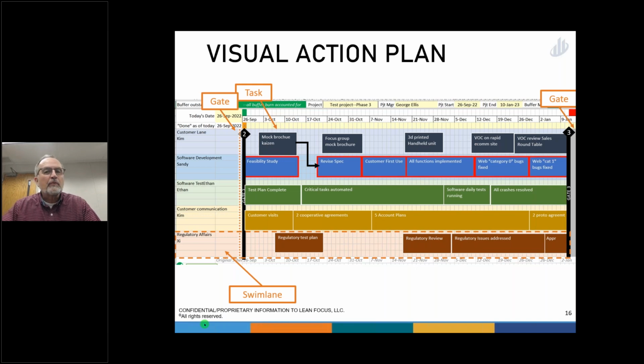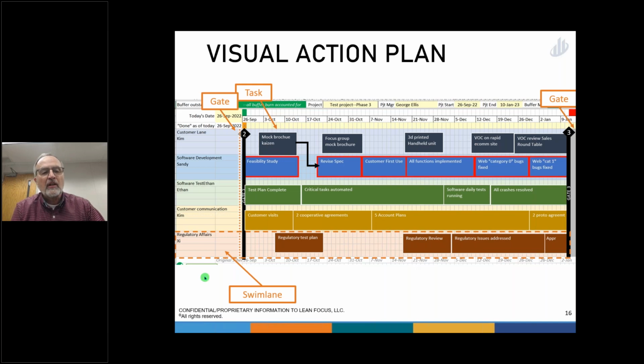Most of you who are doing product development have some sort of a phase gate system, something that gets you from project approval to launch, and we'll talk about that in a few minutes. And then there are tasks in between that have to be done. Well, that's just an action plan, right? An owner, a start and a stop date, and the name of the action. But it's laid out in graphical form. It's very easy to consume what this schedule is trying to show you.